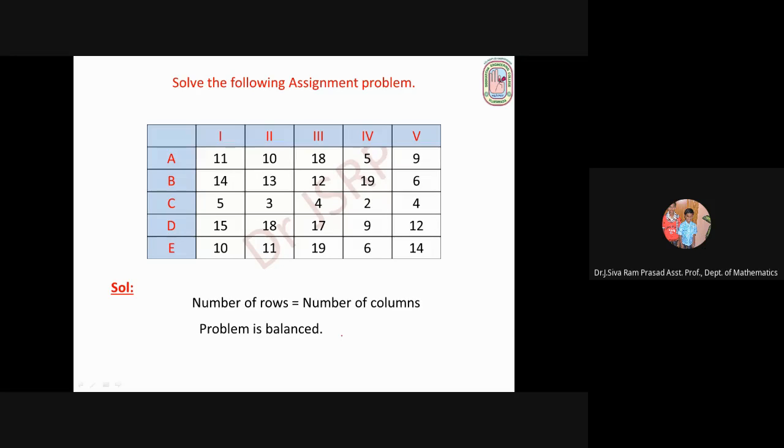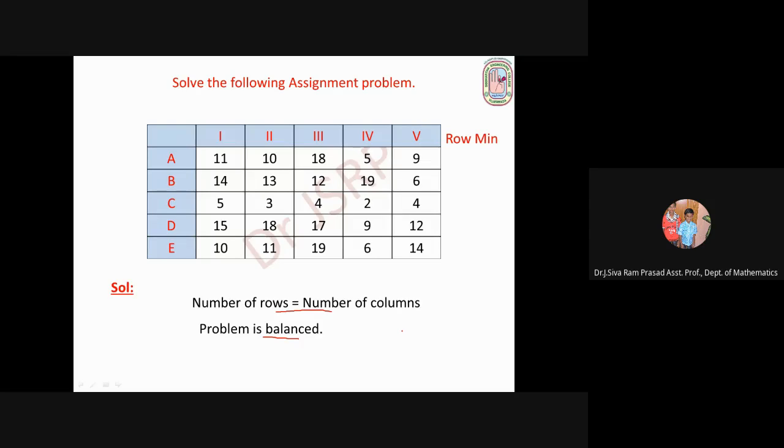In the assignment problem, if the number of rows is not equal to the number of columns in the given price matrix, then the assignment problem is unbalanced. Here the number of rows equals the number of columns, so the problem is balanced; otherwise we would have to balance it.